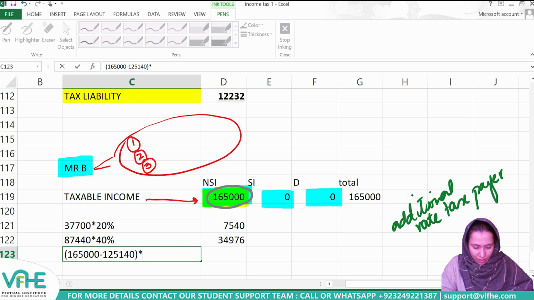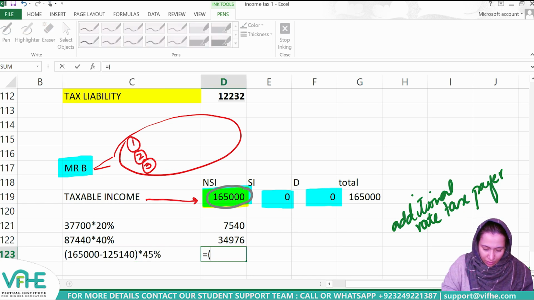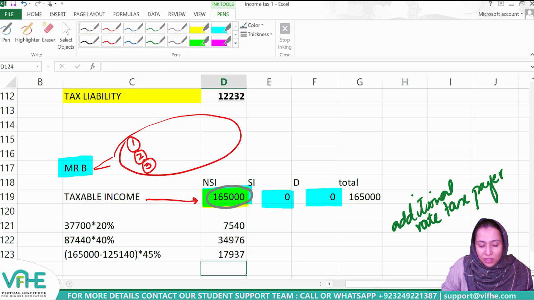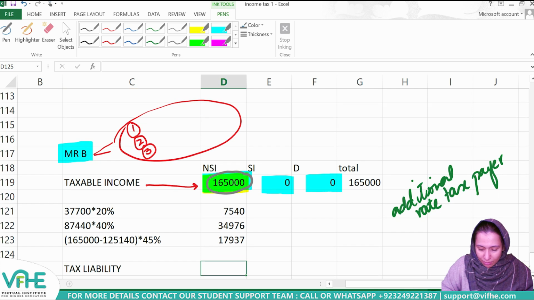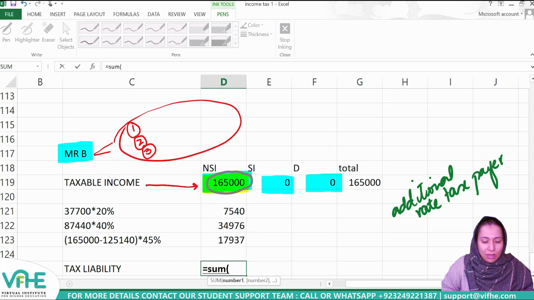So into 45%. That's how we come to know what our tax figure is. So that's £17,937.